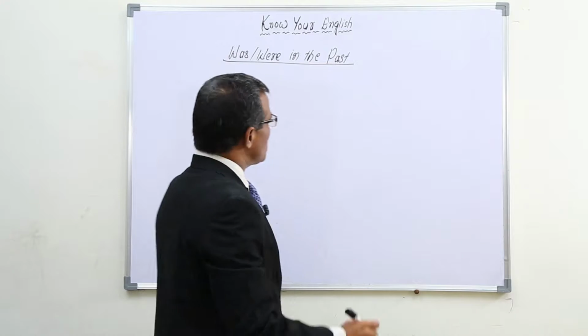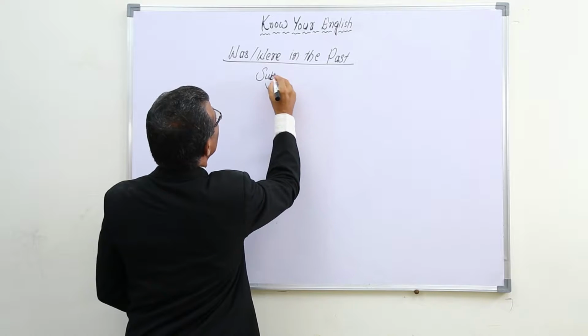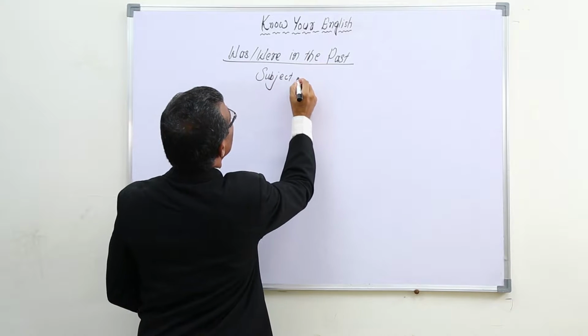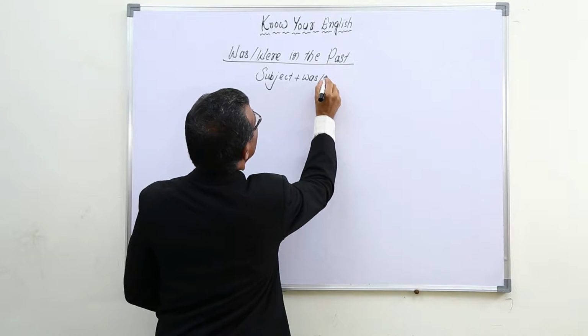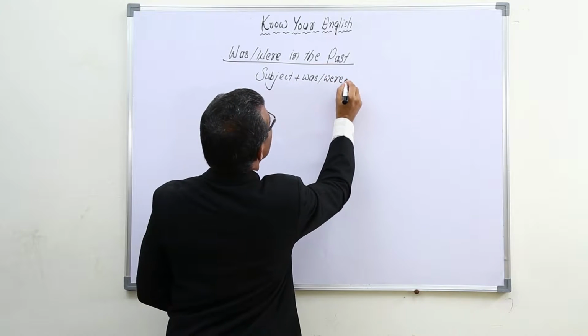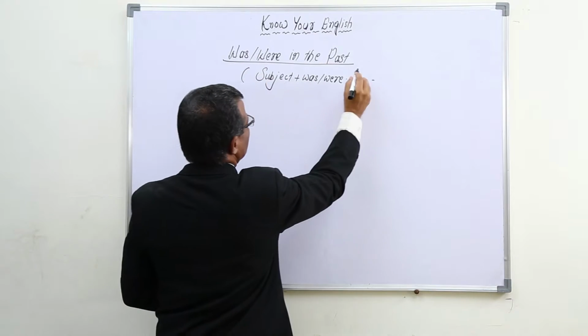The structure of this one: subject plus was or were. This is the structure.